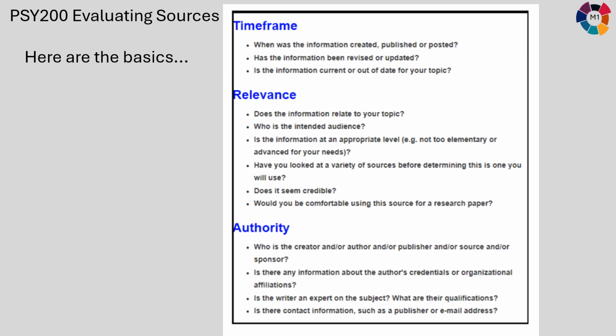And then think about it in general. Are you comfortable using this source for a research paper? Are you going to have to explain to me when I ask, okay, why are you using this Nature's Bounty website or something? I'm making this up, but why are you using this crazy nature website to talk about the benefits of drug therapy?